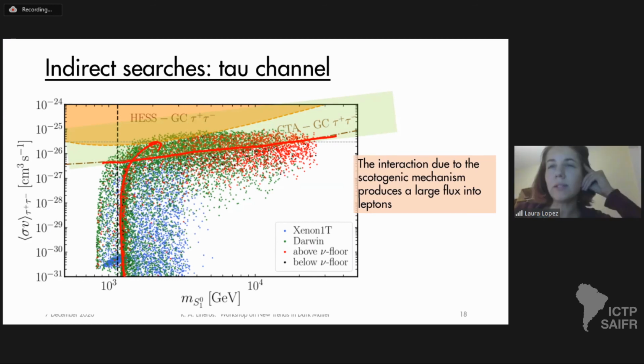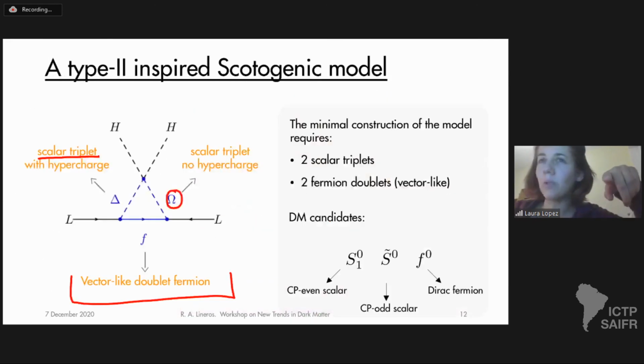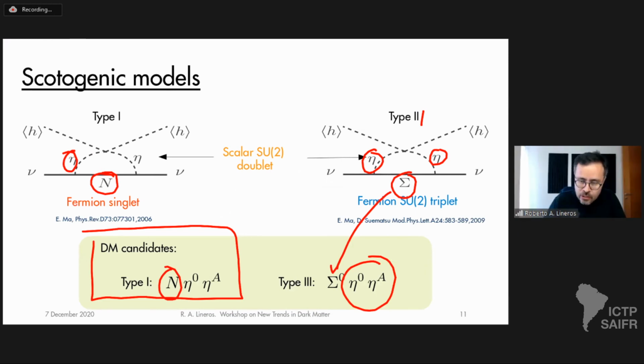In the original Scotogenic model, it doesn't work like that, even with the doublet. For instance, the type 3, that is the one with triplet. Usually, if you have triplet or doublet, your mass is going to be heavier, but if you have singlet, you can go lower, but then other problems are going to arise.